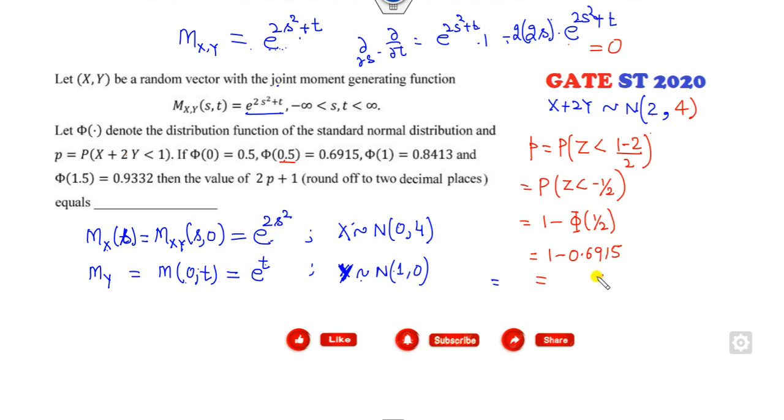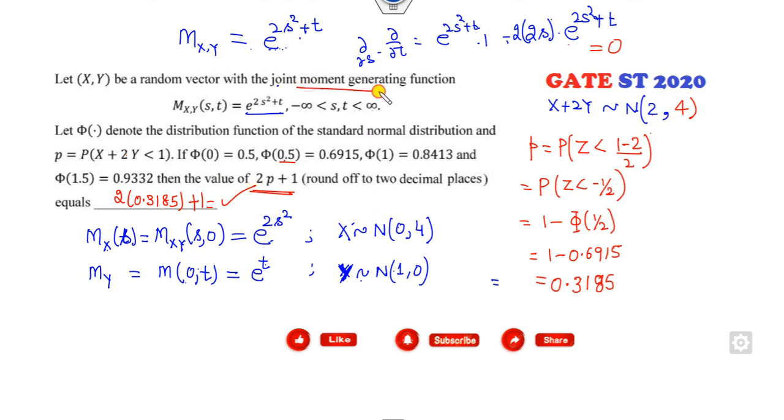So it is my 0.3185, sorry. And your target is to find 2p plus 1. So it's 2 into 0.3185 plus 1. You can do the calculation, you will get the right answer.